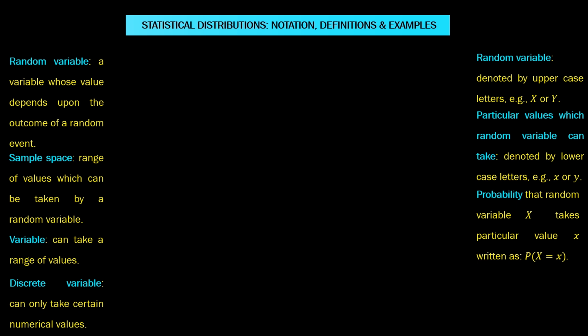The probability that a random variable X takes a particular value x is written as probability of capital X equals little x. And finally, a random variable is an outcome which is unknown until after the experiment. So that's quite a few definitions.